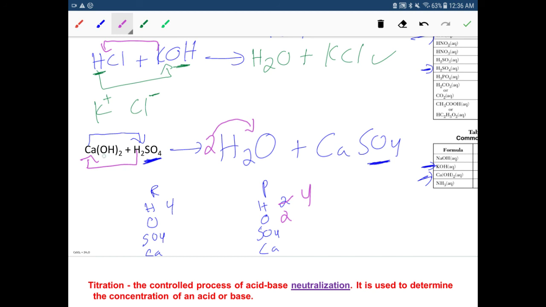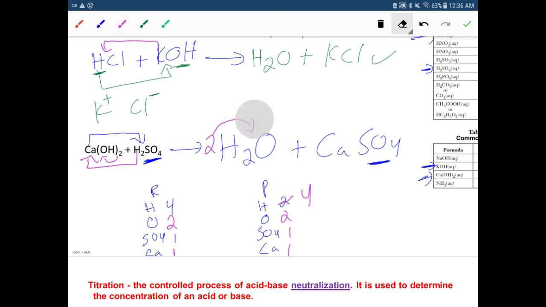And then here in the reactant side, we have 2 oxygens, because the subscript for OH is 2. And just like that, our reaction is balanced. So we have 1 SO4, 1 SO4, 1 Ca, 1 Ca. I should have put these numbers down for the SO4 and Ca in the beginning, but I forgot. But either way, this reaction is balanced.